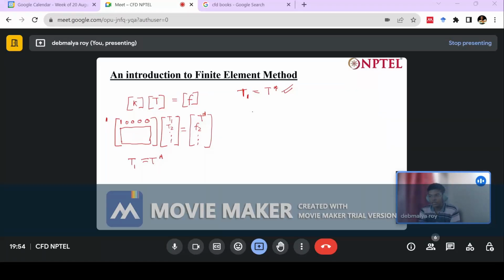If my point one has this condition, then in this K matrix, I will take the diagonal element K11 and replace it with the old K11 plus this large value L, so K11 plus L.